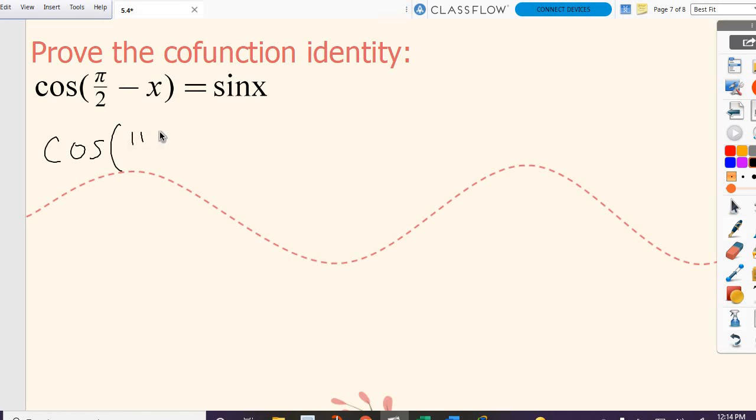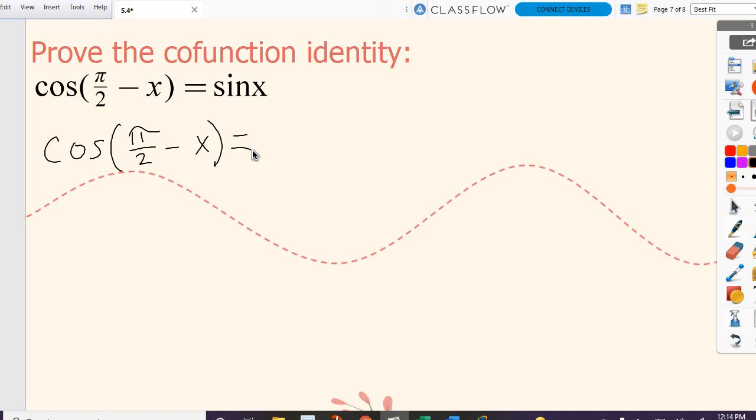Can I distribute my cosine to the pi over 2 and the x? Why not? That's not how it works. There is not a distributive property for any of our trig functions. So if we don't have a property that tells us we can do that, we can't. But what do we have instead? Our cosine difference formula.